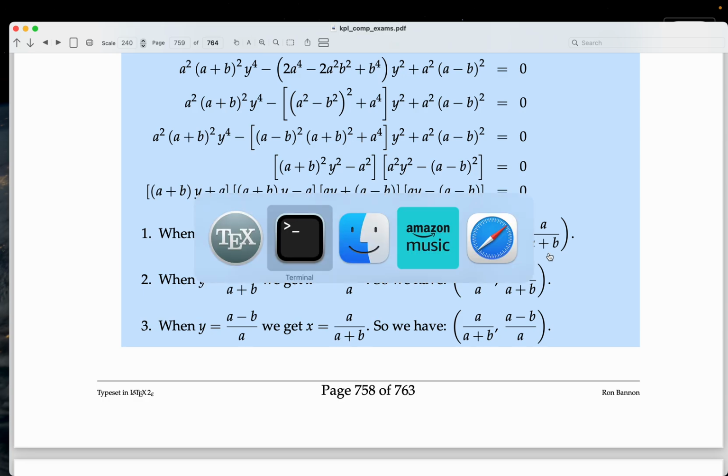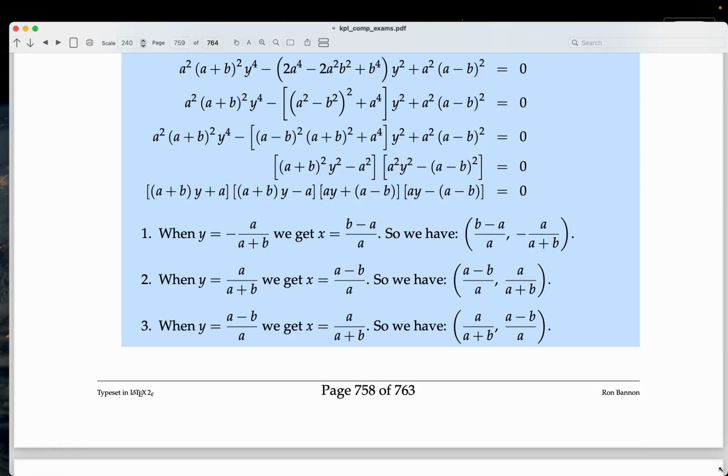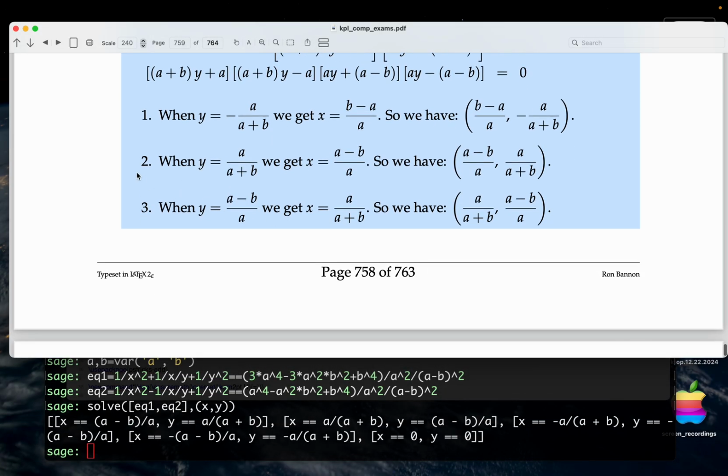Let me just go back to my answer key. And I got this over here. I'll pull this thing up a little bit. I want to just talk about this first one over here. It's a minus b over a, and then you get a over a plus b. So I definitely see this solution over here as a pair. To put the other ones down, they do. And you might look at that and say, which one is that? It looks like the second one, a plus b.